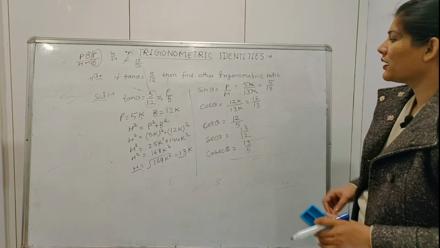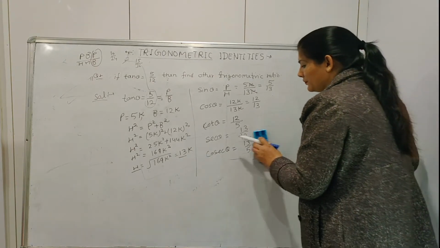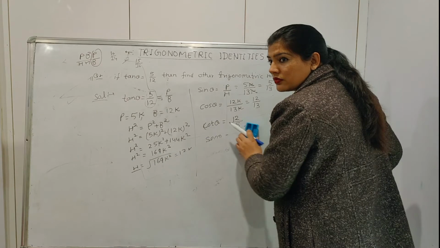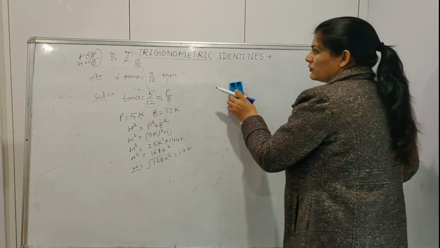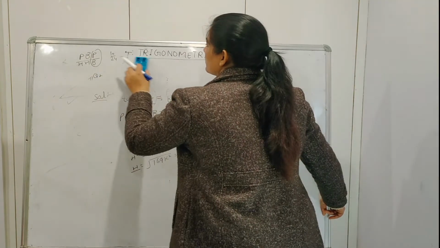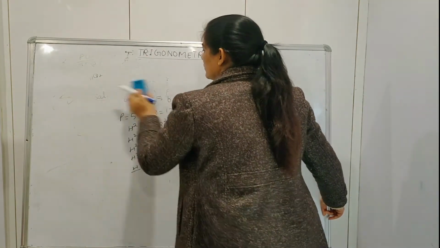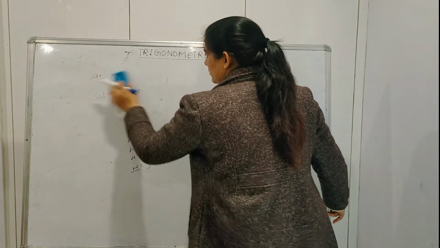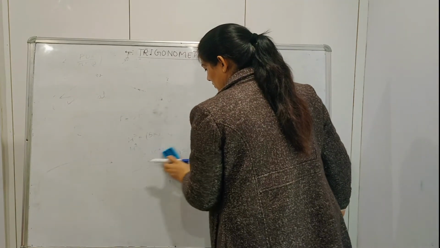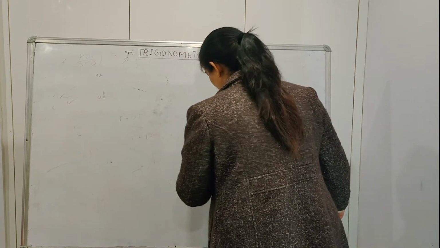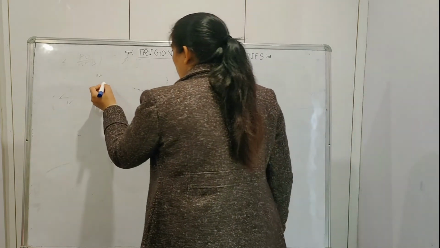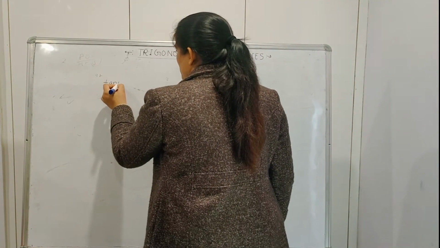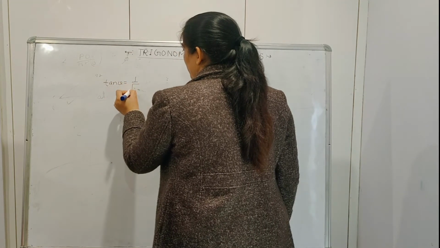After this, consider another question. So suppose tan theta equals to 1 upon root 5.